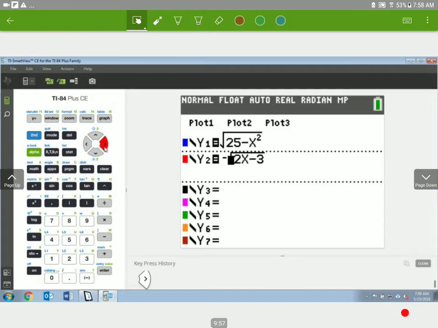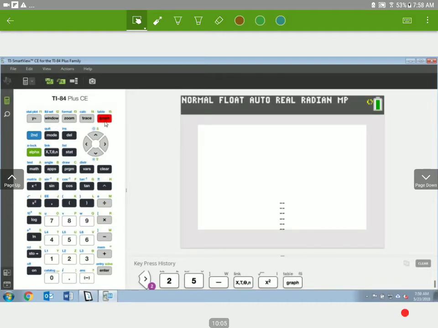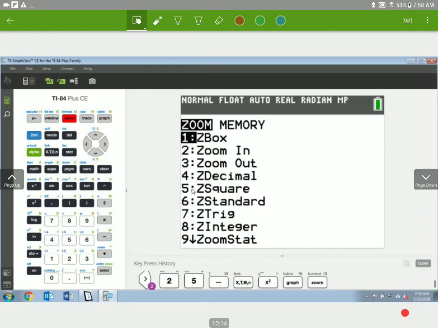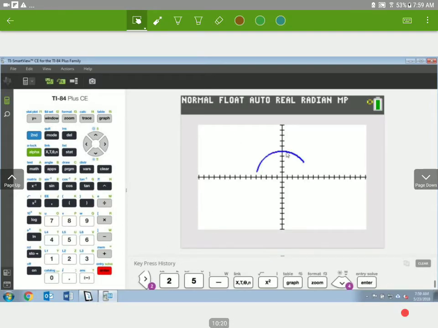Oh, you know what, I can just type over it like that. And first thing you'll notice is, look, oh, wow. This looks like an ellipse. It looks like an oval, but if I zoom square, that means it makes all my x and y increments even. That way it's nice and perfect. This is actually a circle.